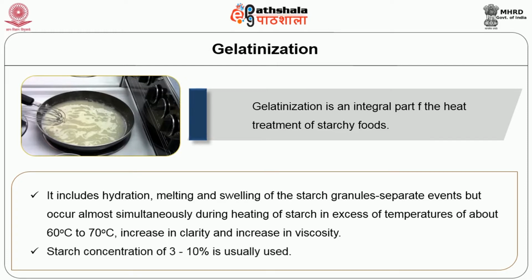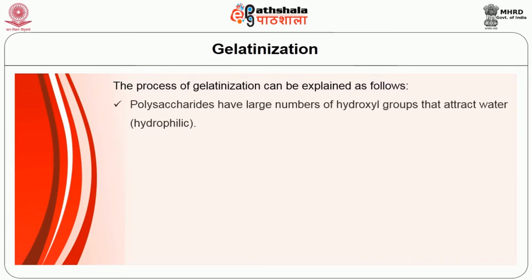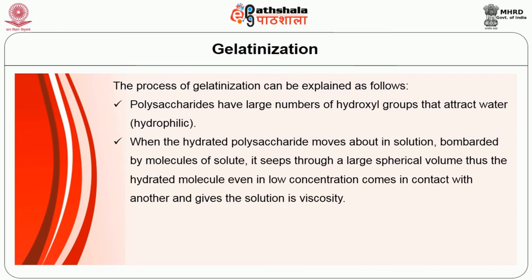Starch concentration of 3 to 10% is usually used. The process of gelatinization can be explained as follows. Polysaccharides have large numbers of hydroxyl groups that attract water. When the hydrated polysaccharide moves about in solution, bombarded by molecules of solute, it sweeps through a large spherical volume.